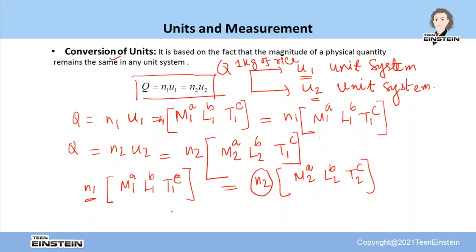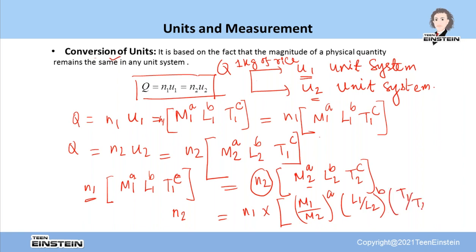I'll take a real example, but let me write the general case first. So N2 will be equal to N1 multiplied by, if I take it to the other side, M1 by M2 to the power A, then you will have L1 by L2 to the power B, and you will have T1 by T2 to the power C. This is your whole equation.